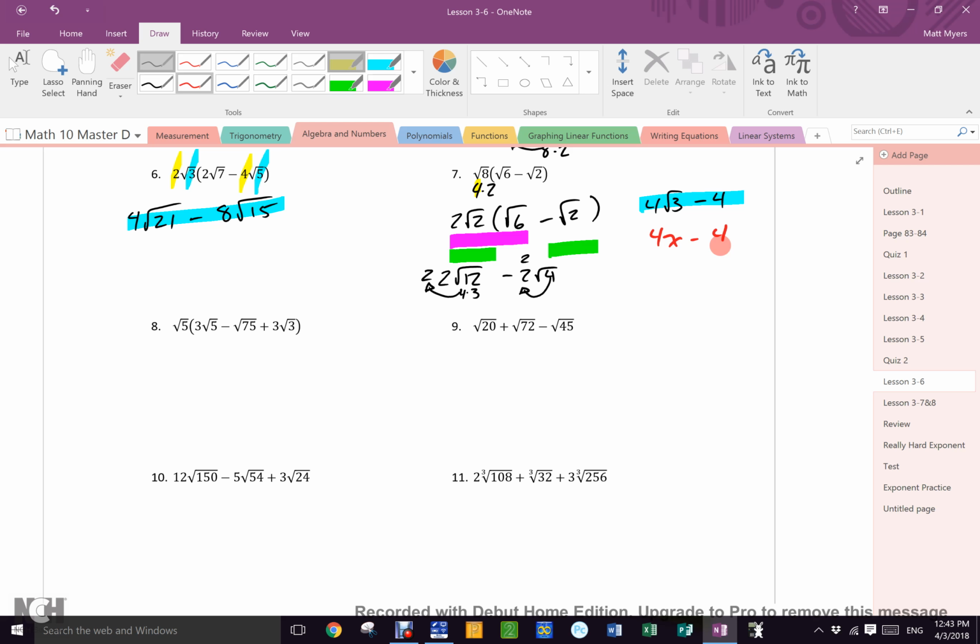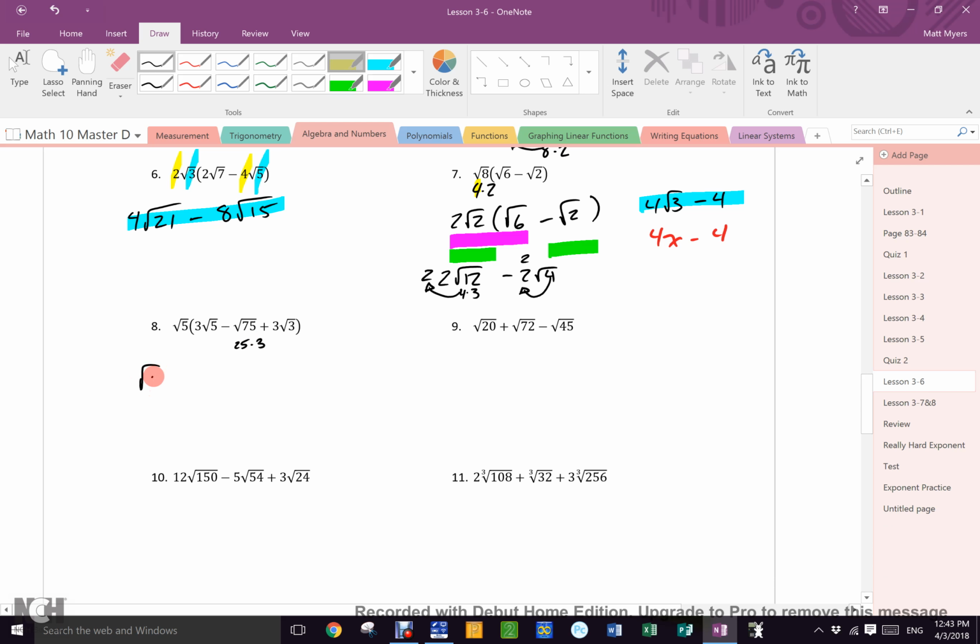Yeah? Okay. Look at 8. What are you going to do in 8 before you even attempt to solve the question? You're going to simplify one thing in there. What? The 75. So do it. What's 75 break down into? 25 and 3. What's 25's square root? 5.